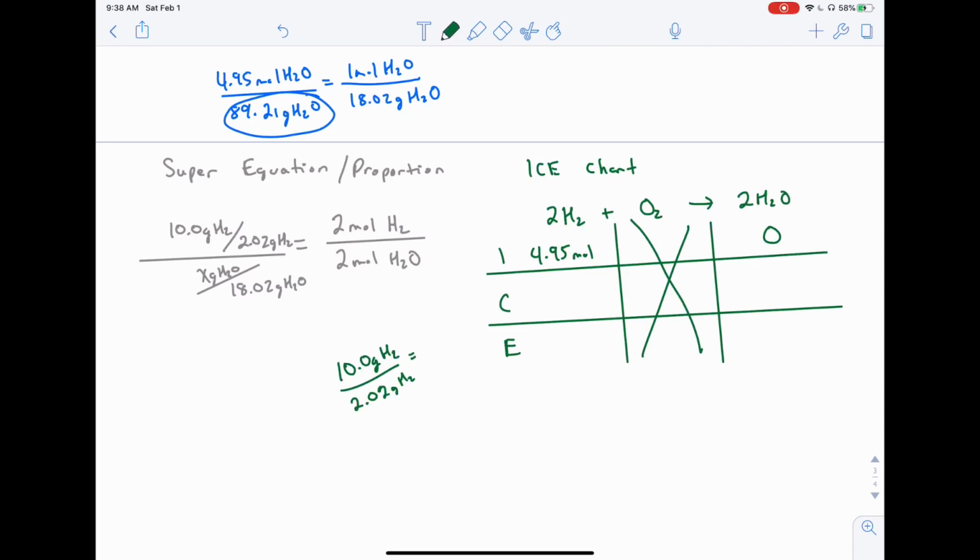Now, if you remember from ice charts, we set change to be X or a proportion of X. If oxygen is X, how much did H2 change by? What factor did H2 change by if oxygen's X? 2X, because there's a 2 here instead of a 1. So this would be minus 2X. How much did H2O increase by? Positive 2X.